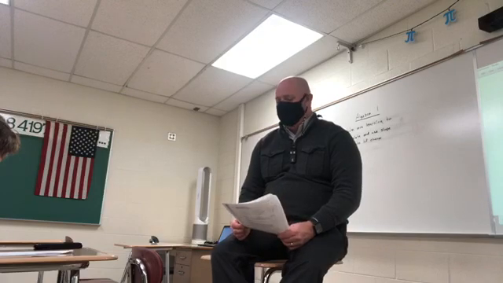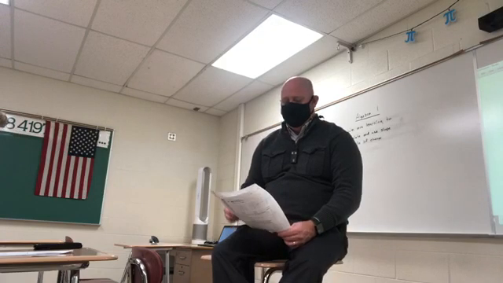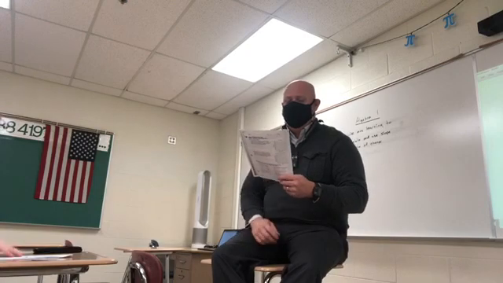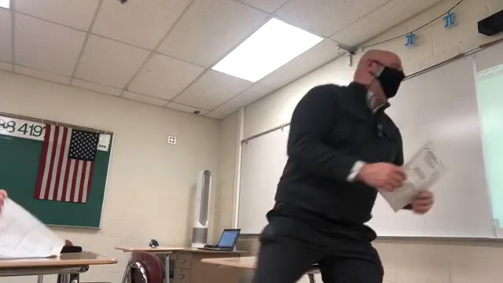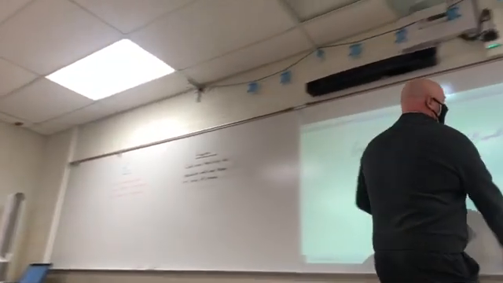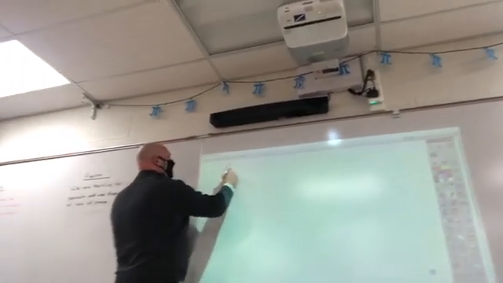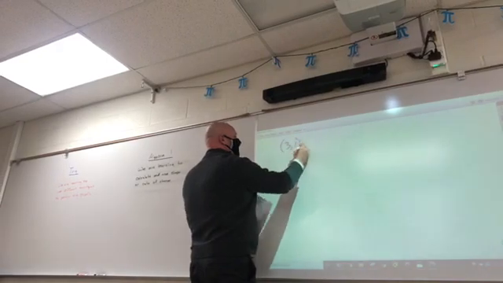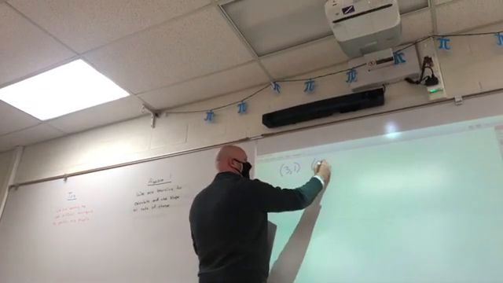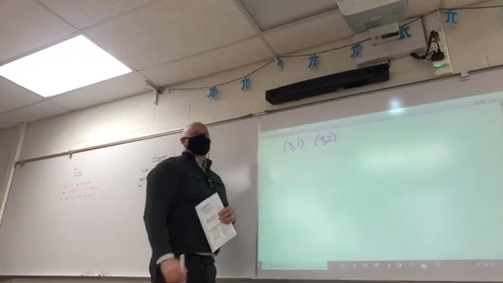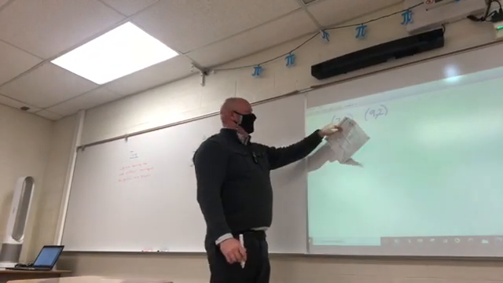A lot of people get confused on, oh, sorry, that was 5.3. You said 5.4, right? Oh, sorry. So a lot of people get confused on this one, just with the weird boxes. How would you find the slope using these 2 points? How would you find the slope? 2 and 1 over.